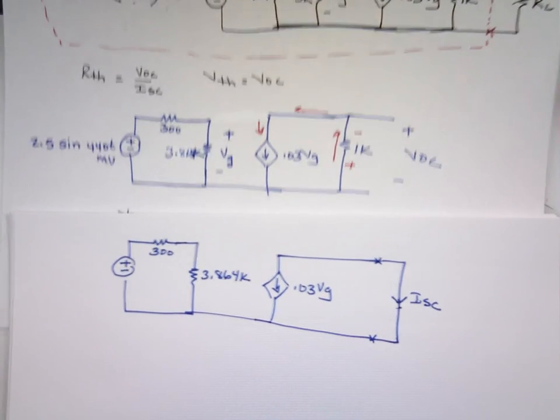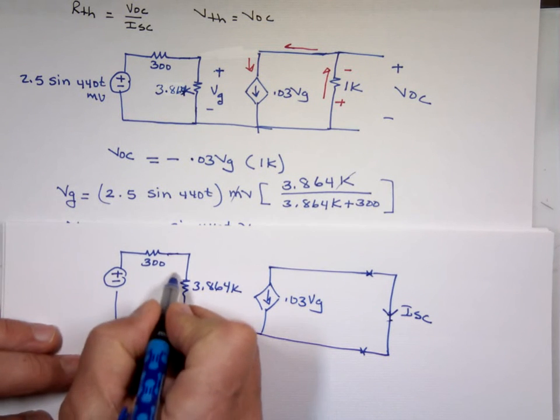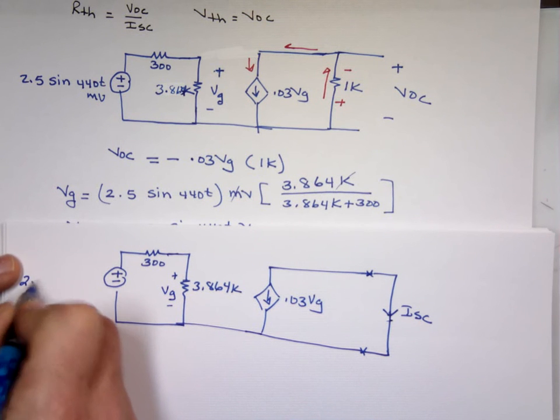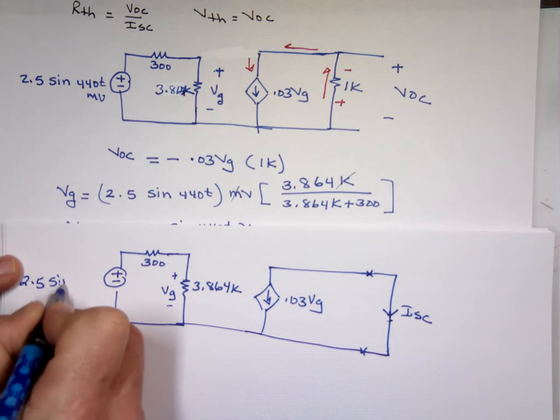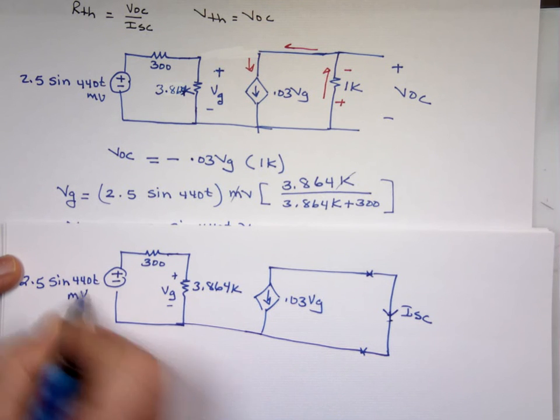Well, the good news is that VG here did not change, because this is still 2.5 sine 440t millivolts. So VG never changed.